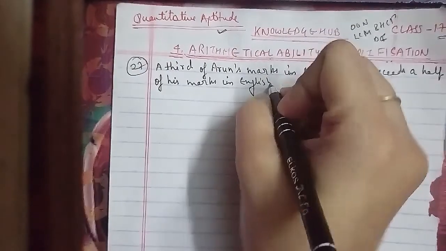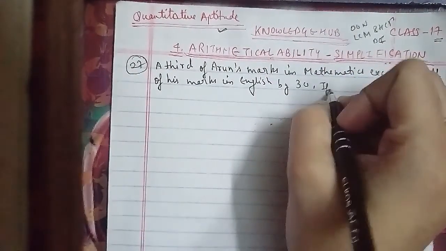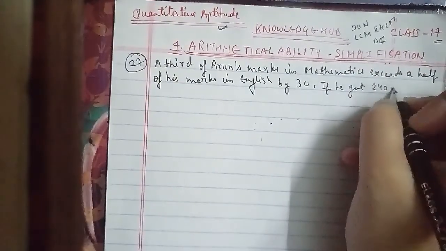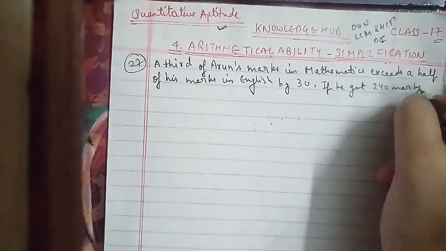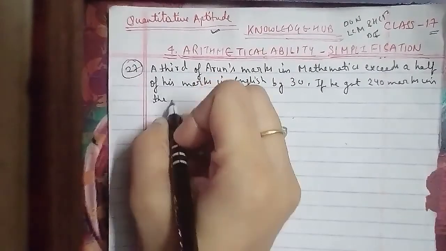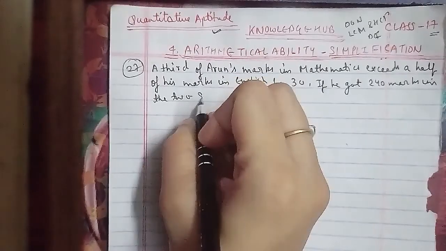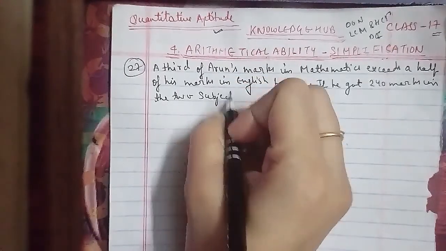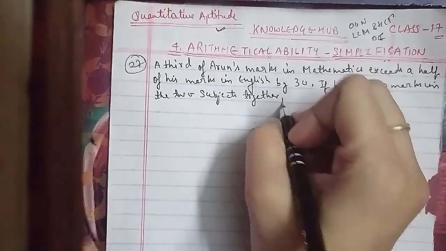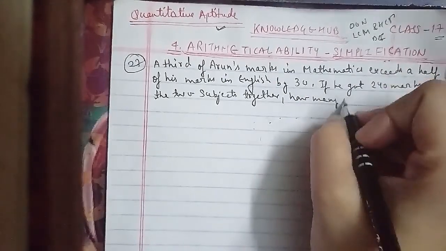If he got 240 marks in the two subjects together, how many marks did he get in English?